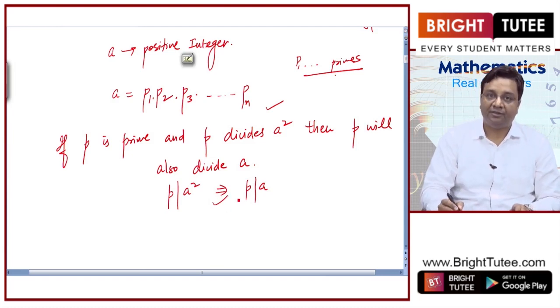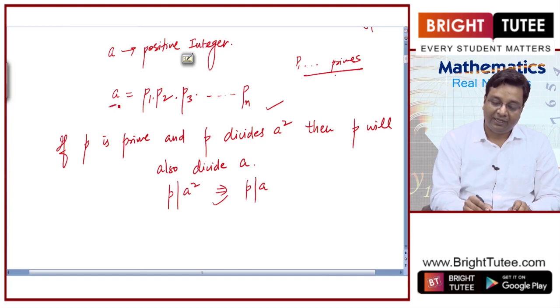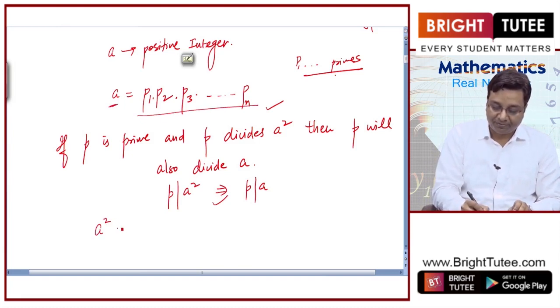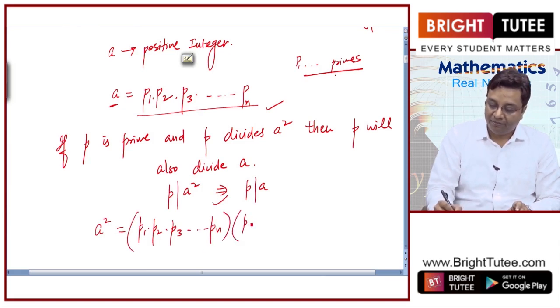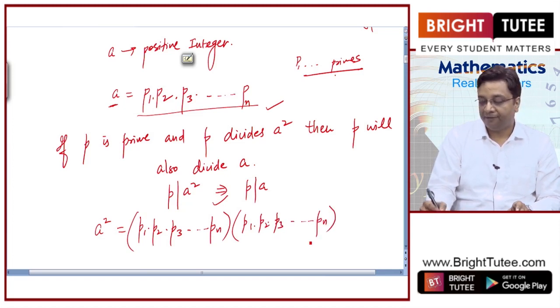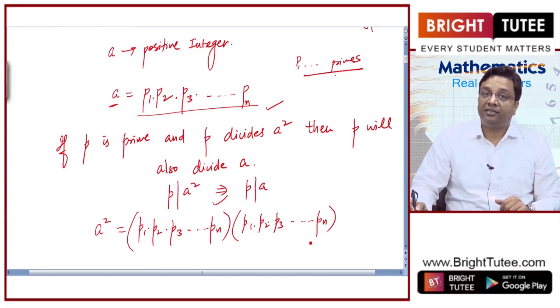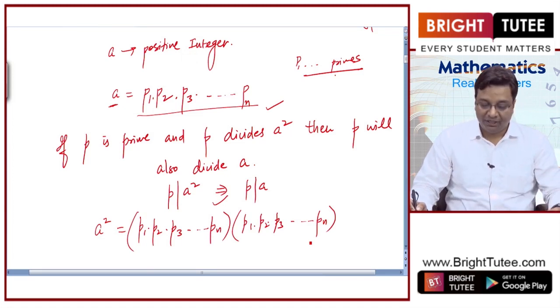Why I am saying this is because I have written the prime factorization form of A here, right? If I have to write A square, then I will write it as A into A, so it can be written as P1 into P2 into P3 into up to Pn, and then once again P1 into P2 into P3 into up to Pn. Okay, let us say we have got a prime P which divides A square.